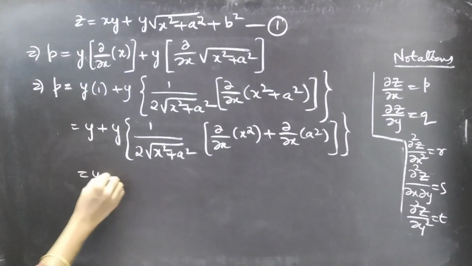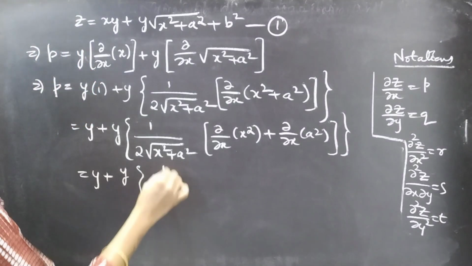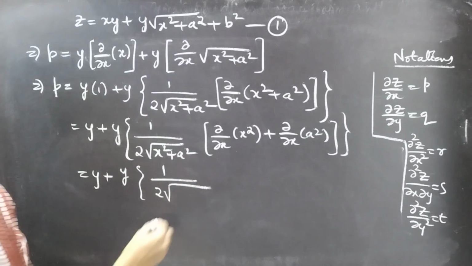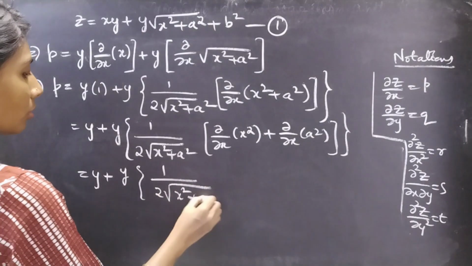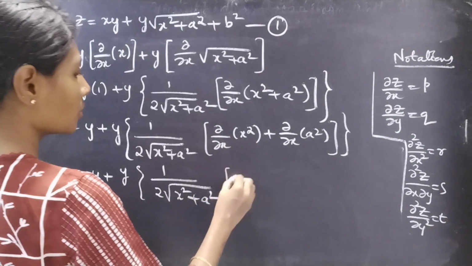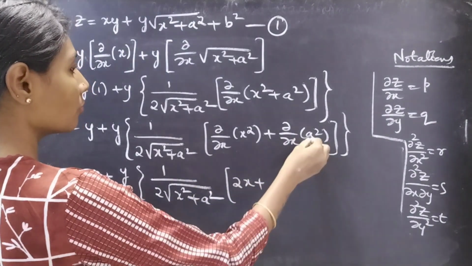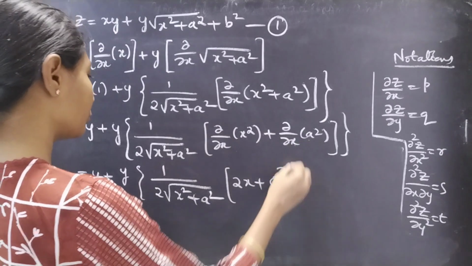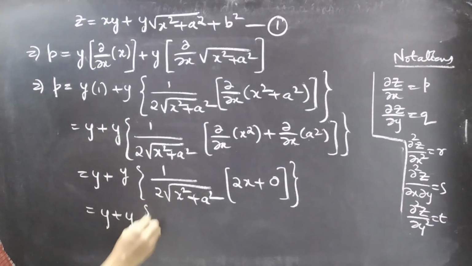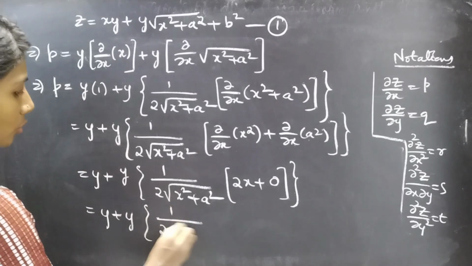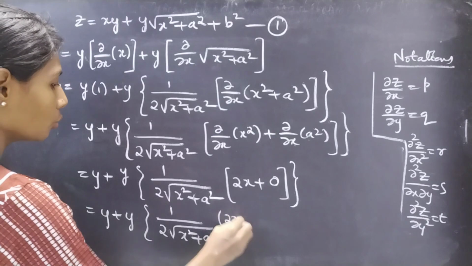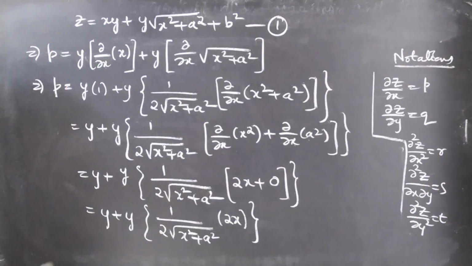This gives us y plus y into 1 by 2 root x square plus a square into partial derivative of x square with respect to x is 2x plus partial derivative of a constant with respect to x is 0, which gives us y plus y into 1 by 2 into square root of x square plus a square into 2x, right?